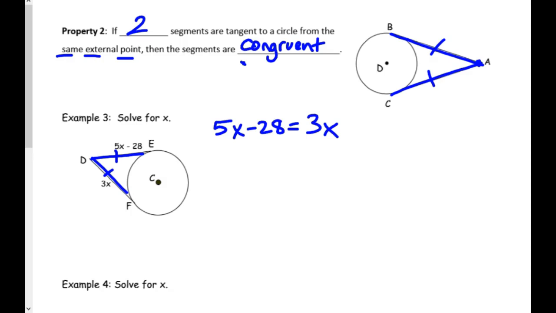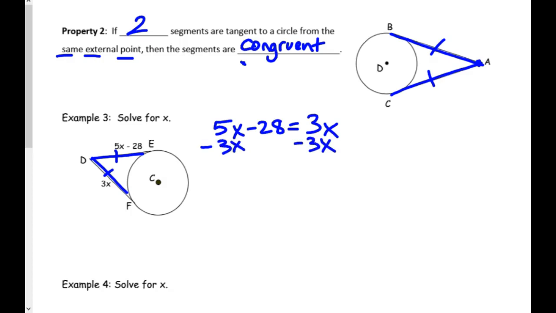If x is on both sides, what's my strategy? Do I combine them or do I get rid of the smaller one? We get rid of the smaller one. It cannot be on both sides of this equal sign, so I'm going to get rid of the smaller x. Now that means I'm going to get rid of 3x, which is going to be weird for a second, okay? So minus 3x, minus 3x.